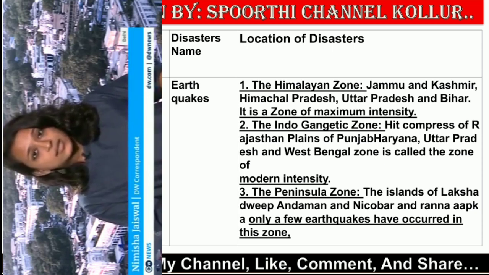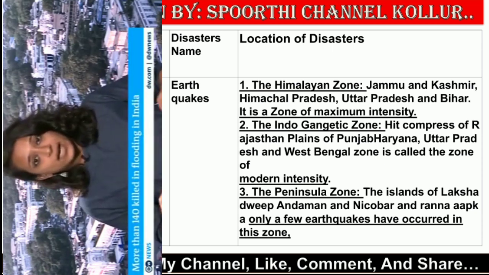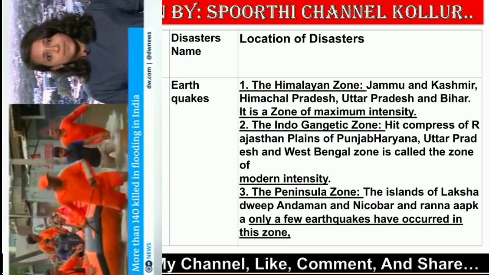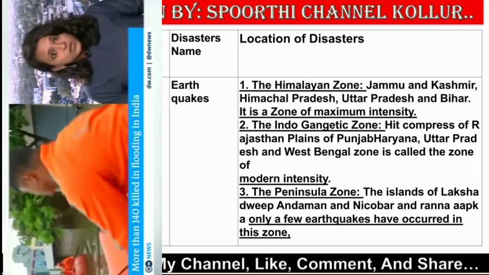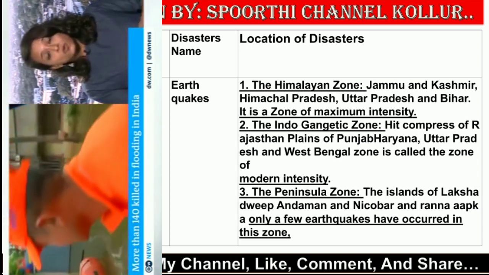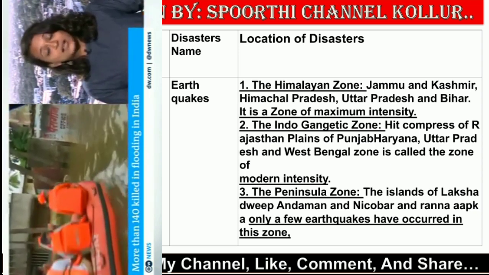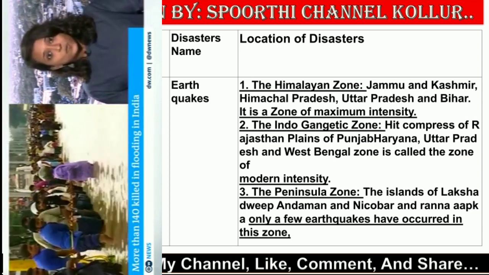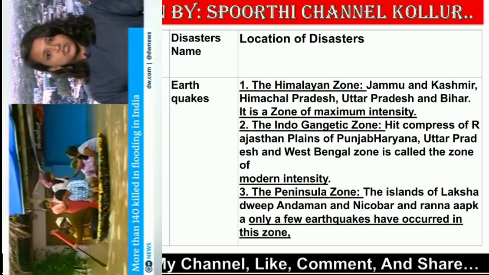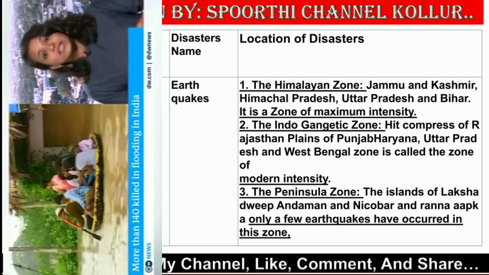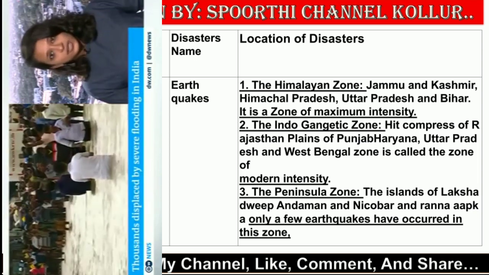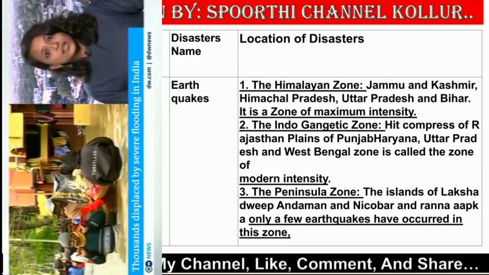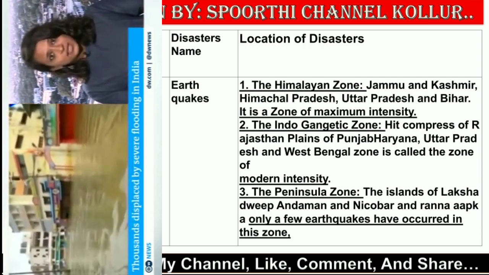This zone is called the zone of moderate intensity. Third, the peninsular zone: the islands of Lakshadweep, Andaman and Nicobar and the peninsula. Only a few earthquakes have occurred in this zone. These are the 5 locations of disasters. We are studying them separately in this chapter.